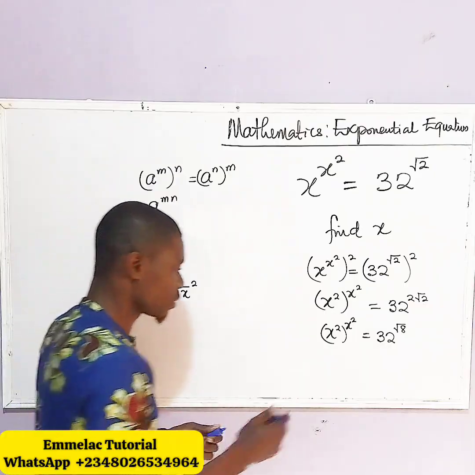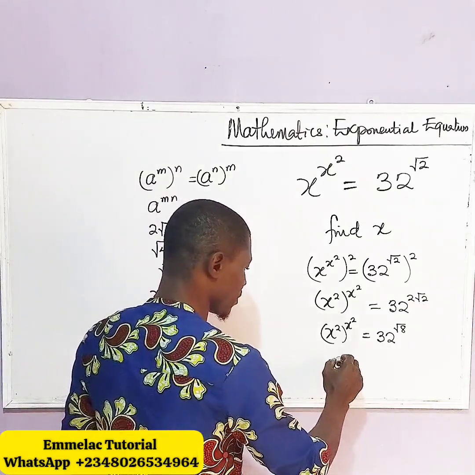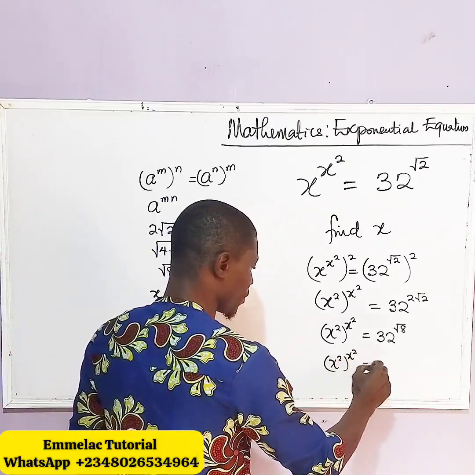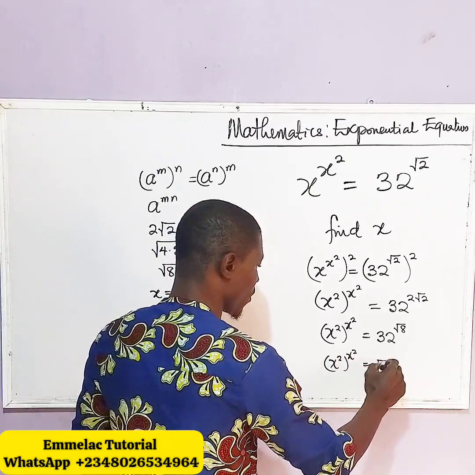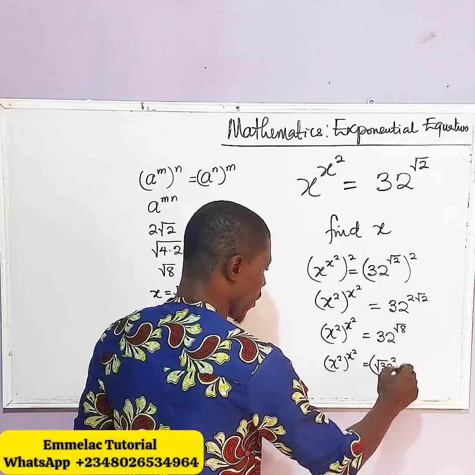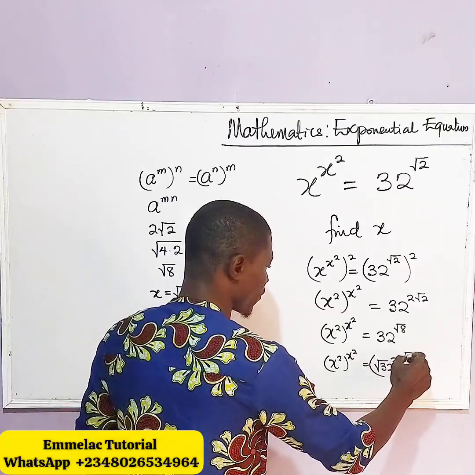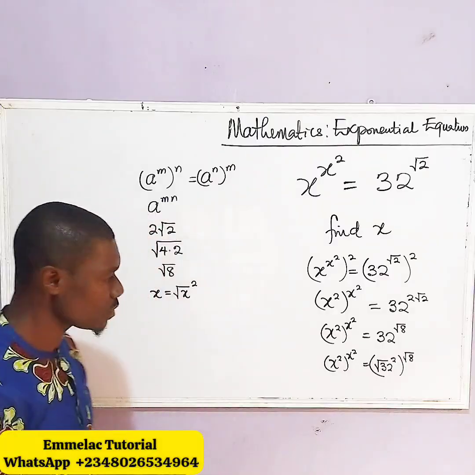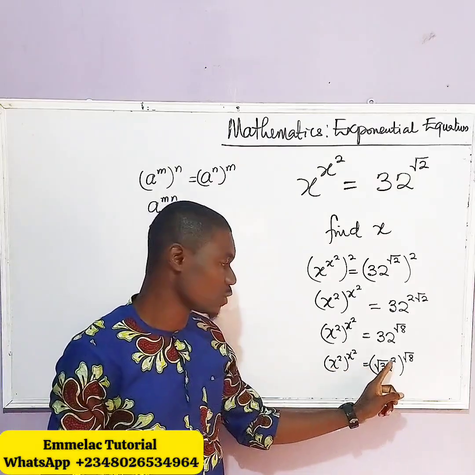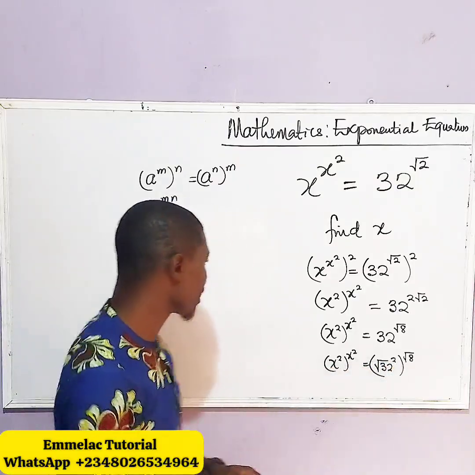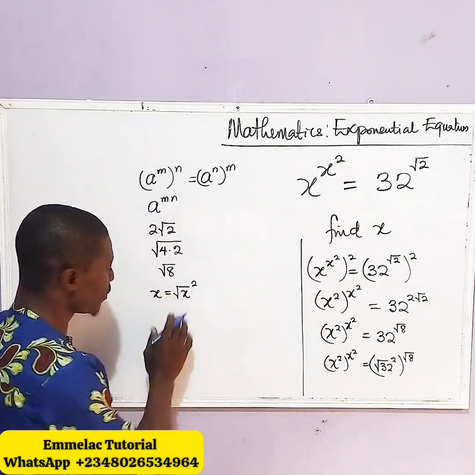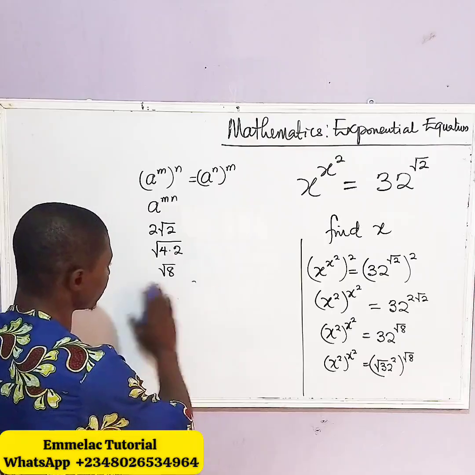So here we have x raised to the power of 2, raised to the power of x raised to the power of 2, which gives us the square root of 32, raised to the power of 2, raised to the power of the square root of 8. Now applying this rule here, I can multiply 2 by the square root of 8. Let me clean all this.